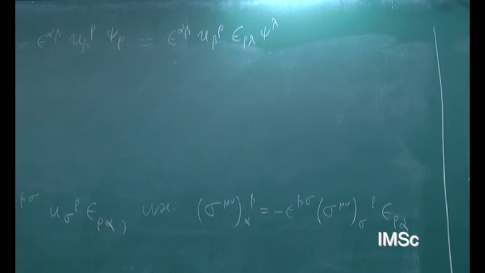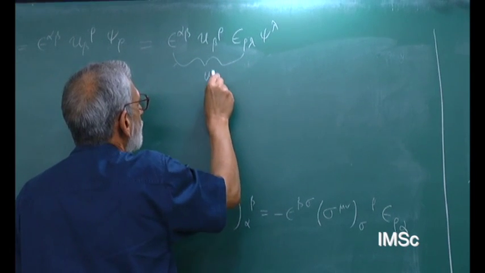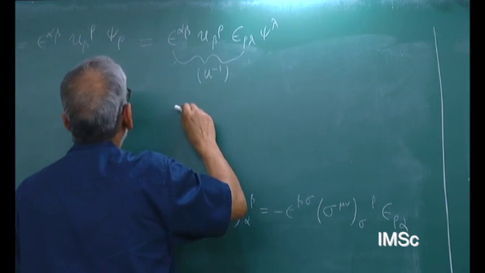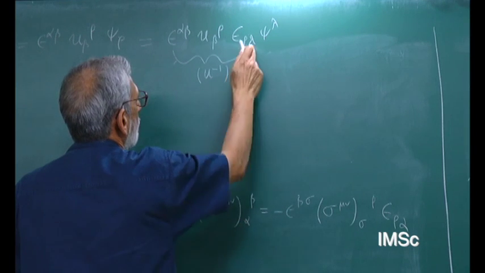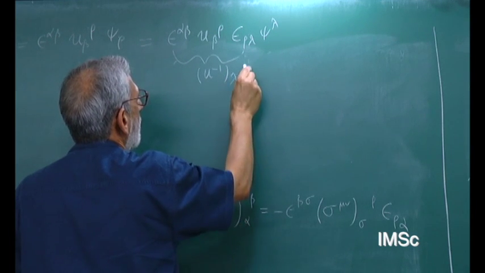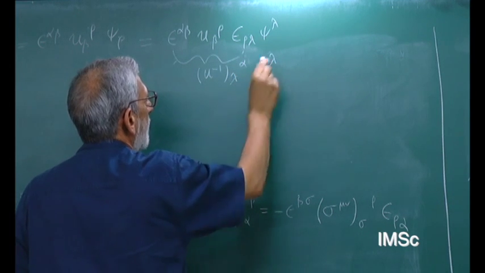What does this tell me? That this object is U inverse lambda alpha psi lambda.